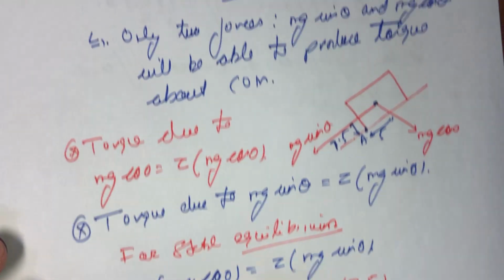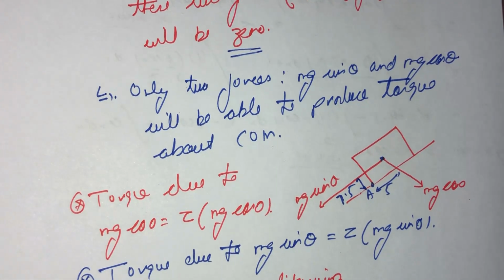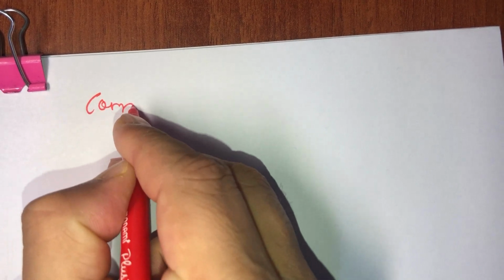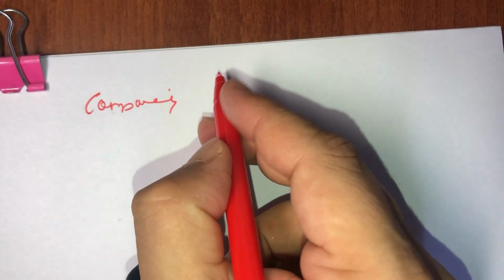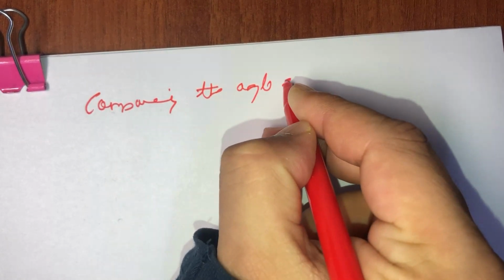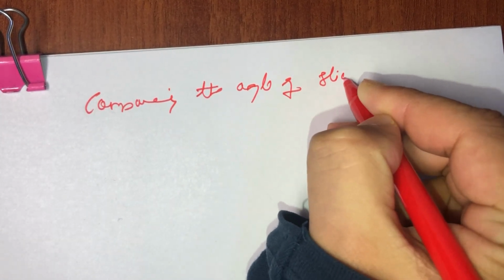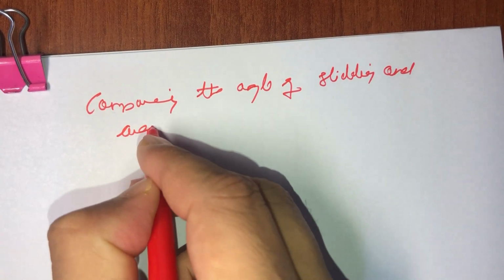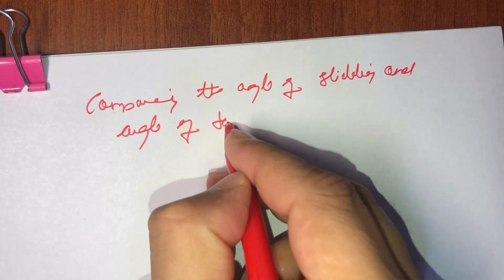Now let's make a comparison between the theta slide and theta topple. So comparing the angle of sliding and angle of toppling.